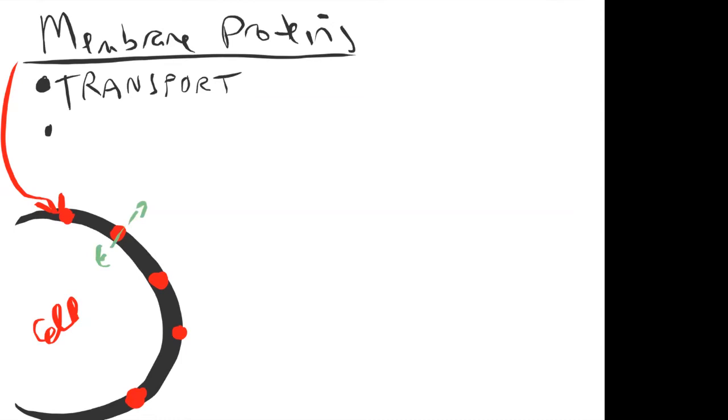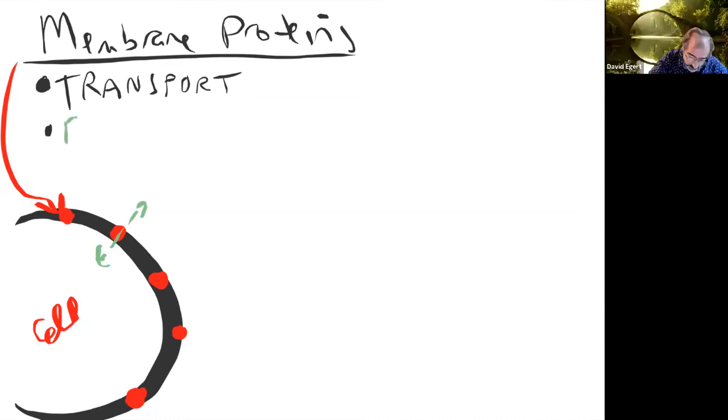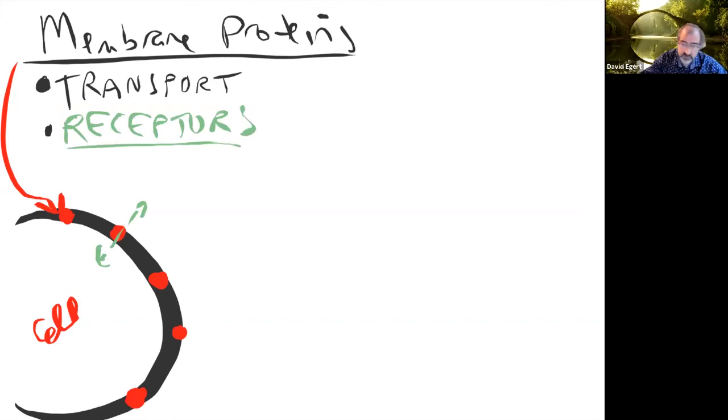Cell signaling. So I'm going to say receptors. By receptors, those are kind of like the eyes and ears of the cell. These are sitting on here, and again, the things that are going to bind some ligand.